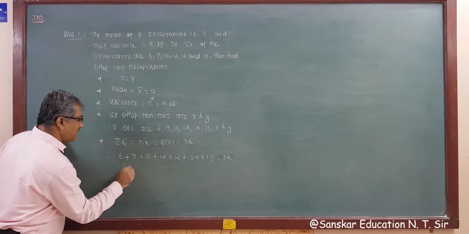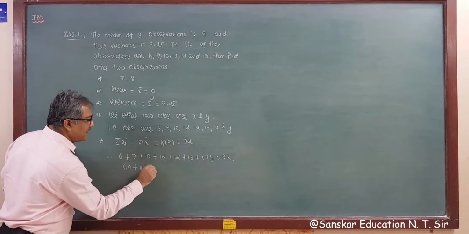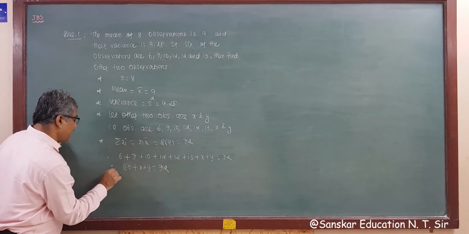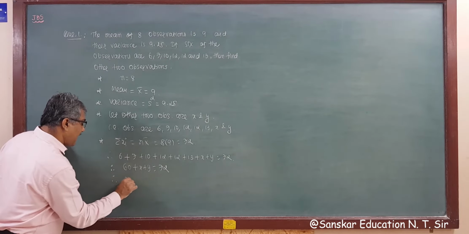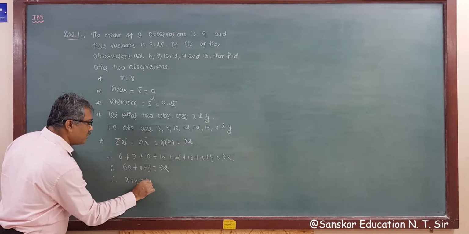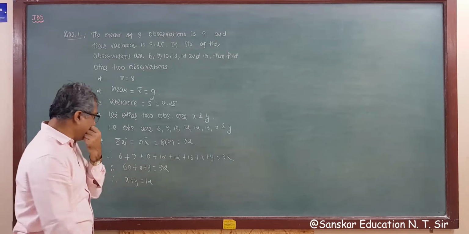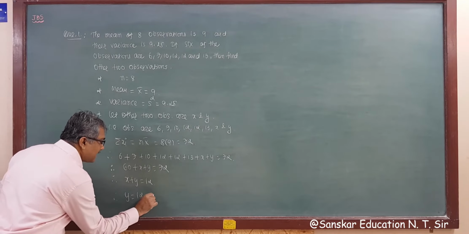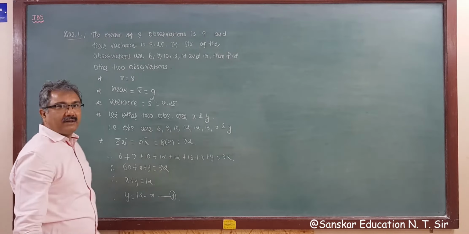So this is 60 plus x plus y is equal to 72. That is what we get, that is x plus y is equal to 12, making y the subject, y is equal to 12 minus x. This is number 1, right?